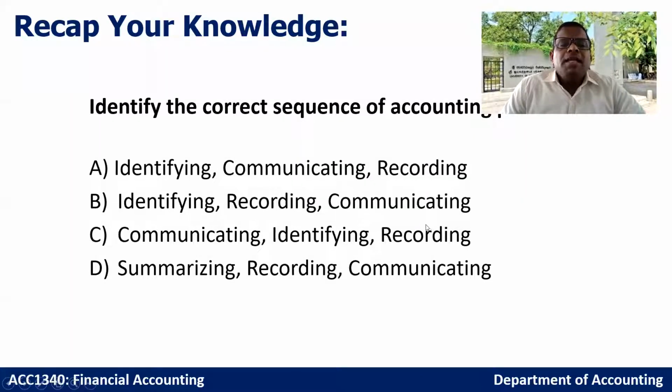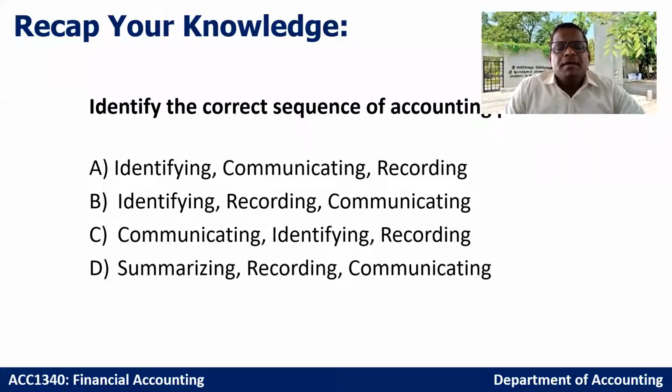Next, identify the correct sequence of accounting. Again, this is a simple question. Identifying, recording, communicating is the answer as you learn. The answer B is correct based on our existing knowledge.